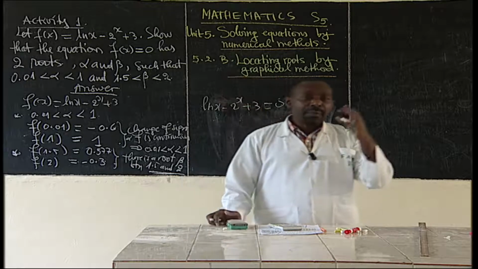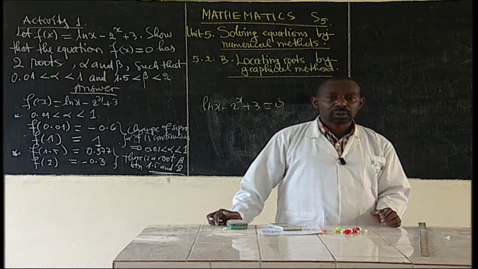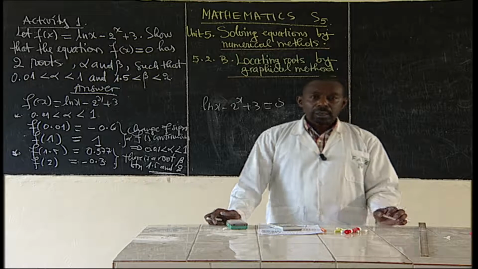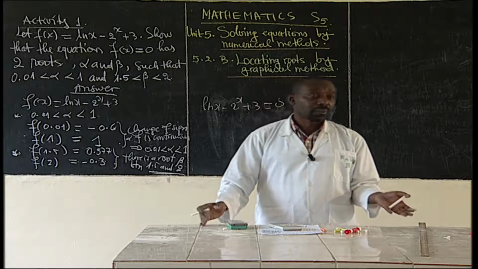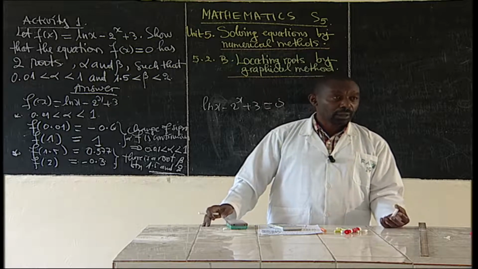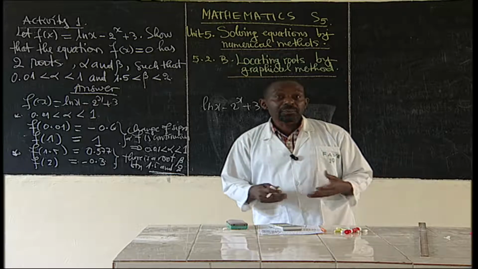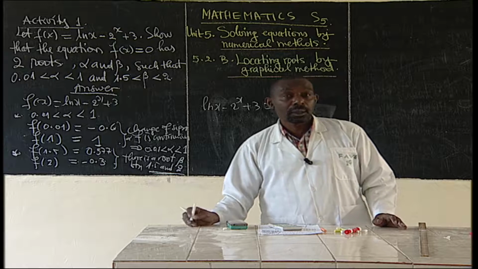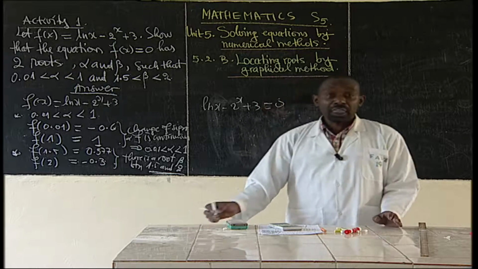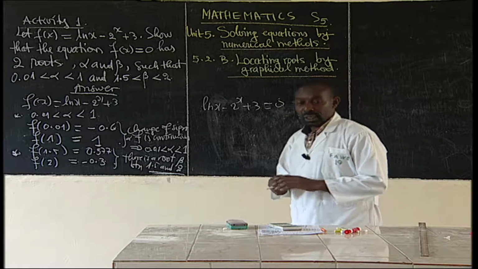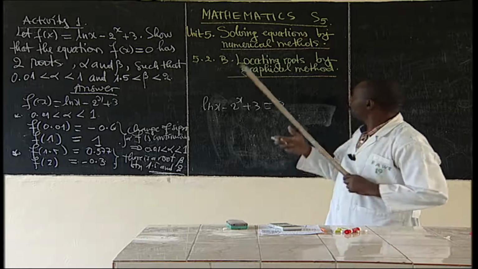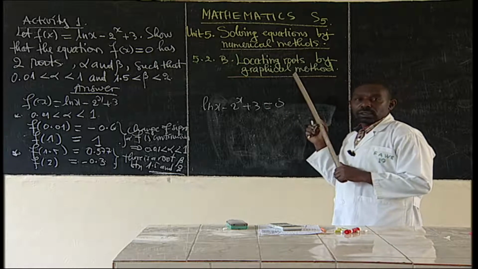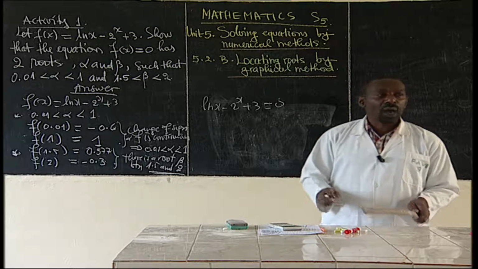And other methods I'm thinking about, things can get messy, so it is not easy to solve that. However, as mathematicians, we cannot fail. So we think about a new method, and that method is the graphical one. So how does that method work?